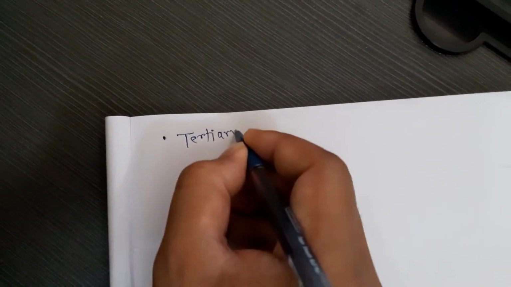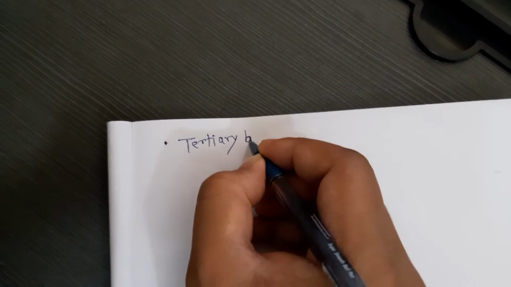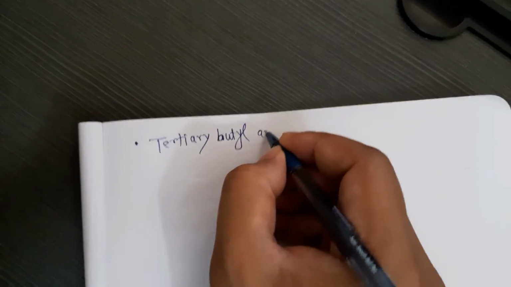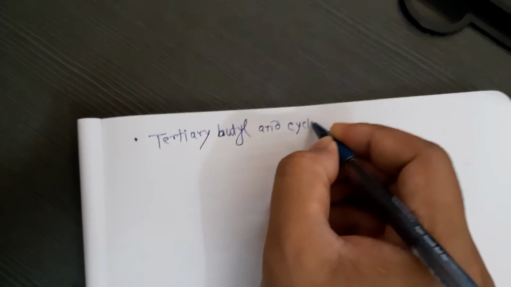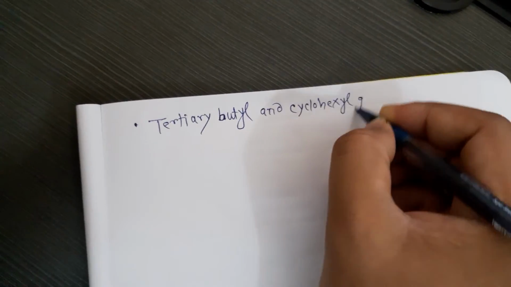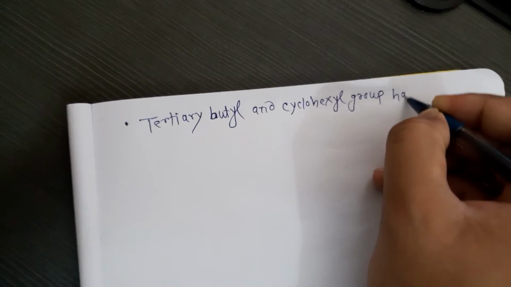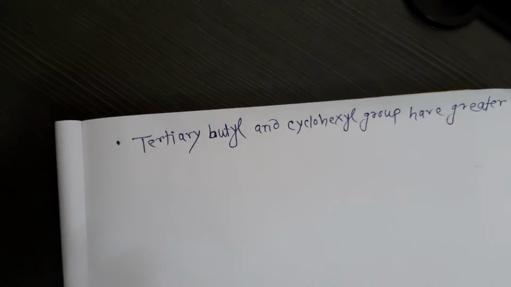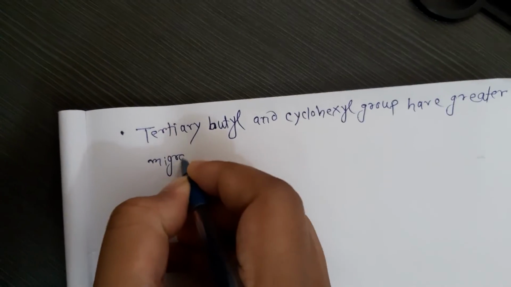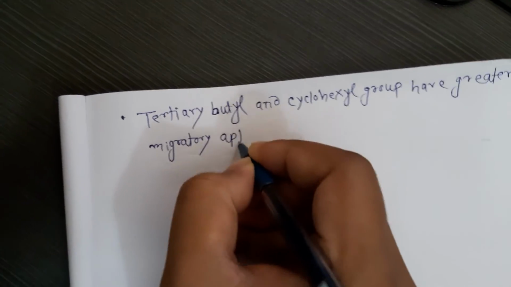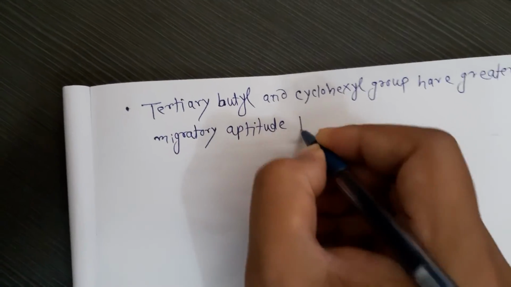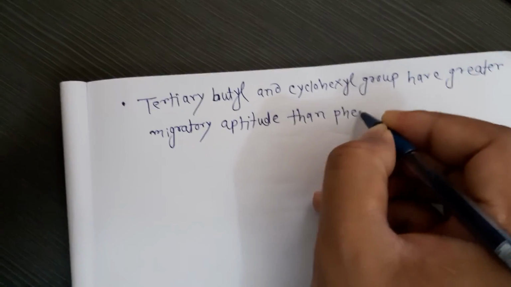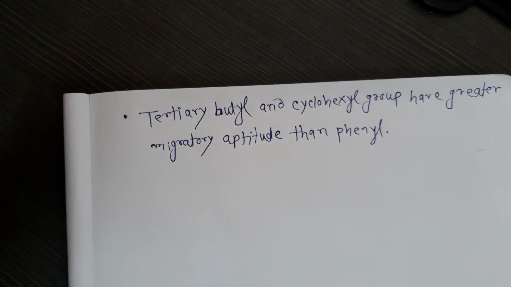So from this we can conclude that tertiary butyl and cyclohexyl groups have greater migratory aptitude than phenyl. Okay, these are the exceptions.